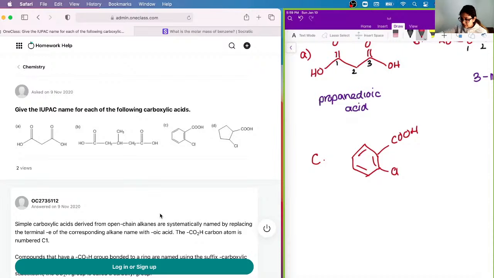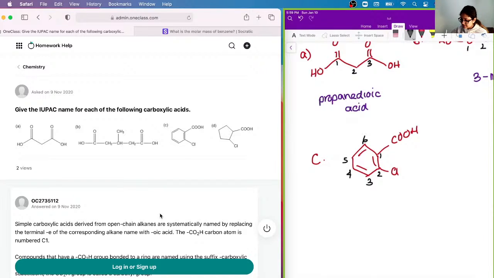Let's first count off our carbons. 1, 2, 3, 4, 6.